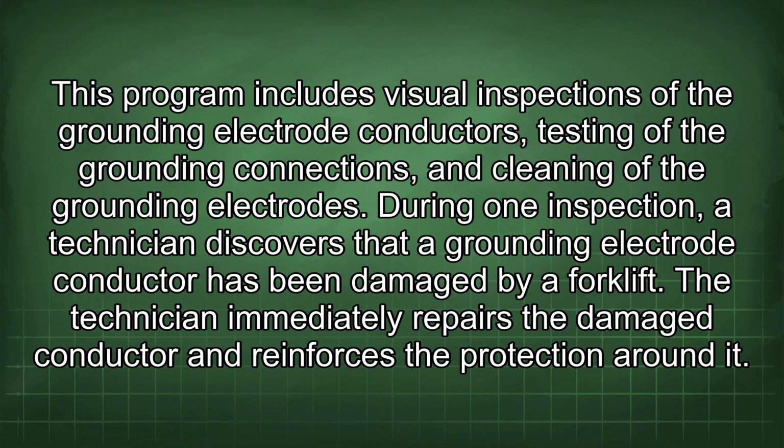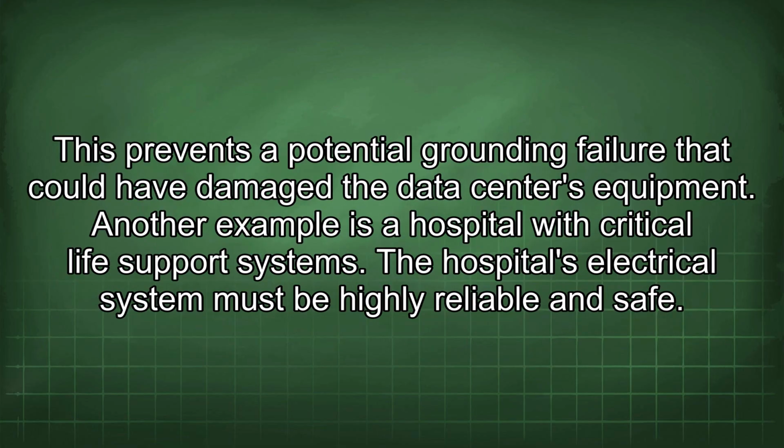This program includes visual inspections of the grounding electrode conductors, testing of the grounding connections, and cleaning of the grounding electrodes. During one inspection, a technician discovers that a grounding electrode conductor has been damaged by a forklift. The technician immediately repairs the damaged conductor and reinforces the protection around it. This prevents a potential grounding failure that could have damaged the data center's equipment.